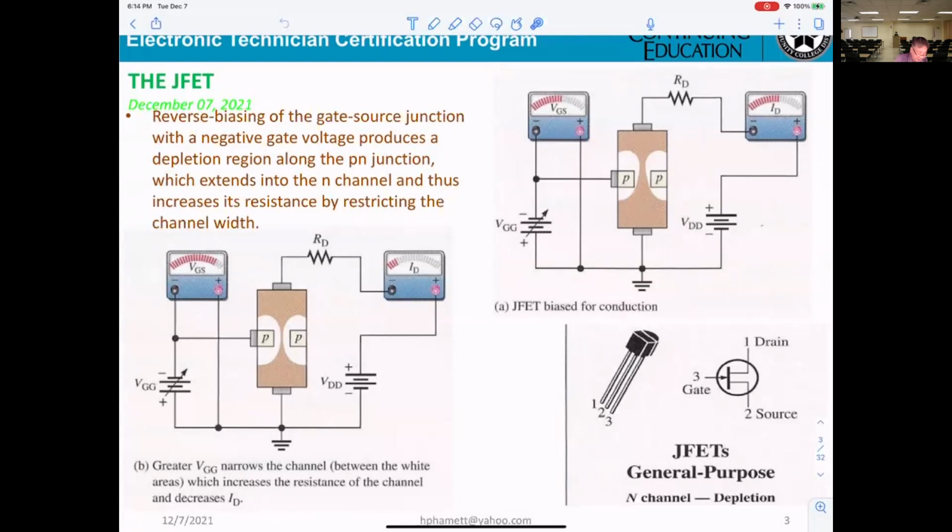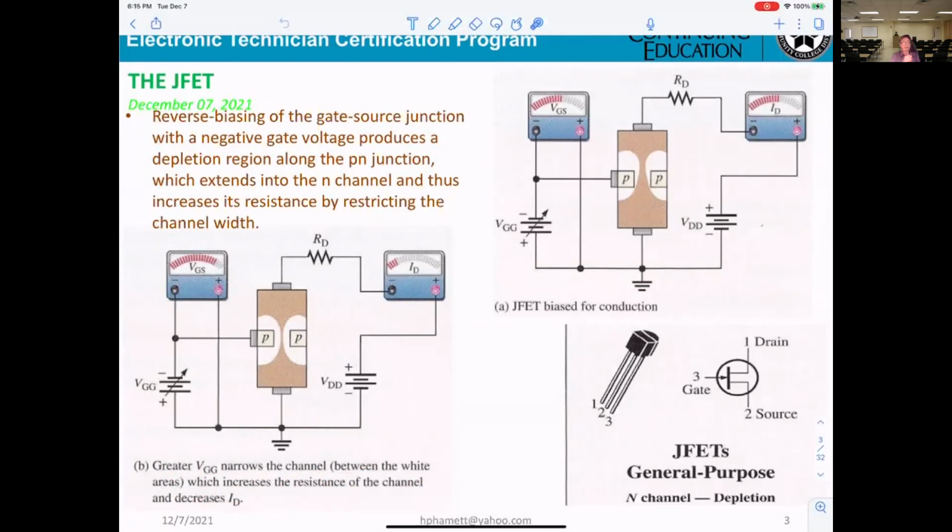They said right here, a larger VGG narrows the channel between the depletion areas, which increases the resistance of the channel and decreases the current ID. ID means drain current. IG means gate current. IS means source current.